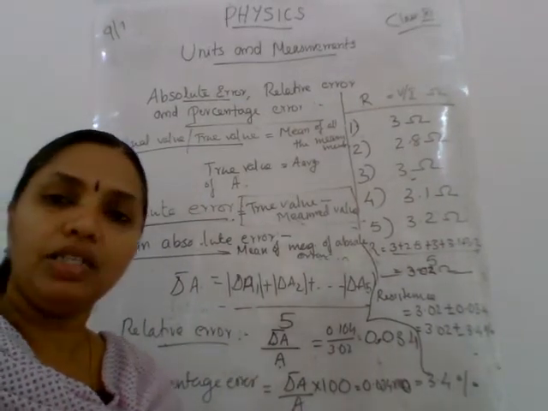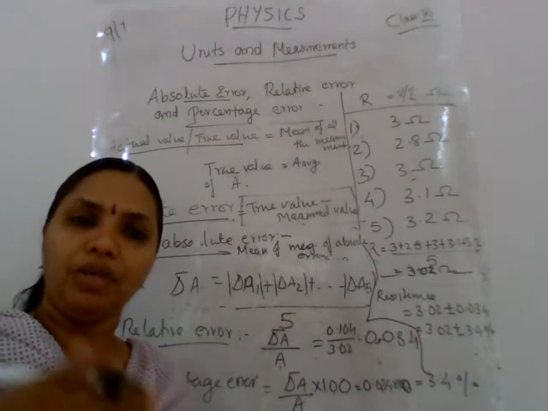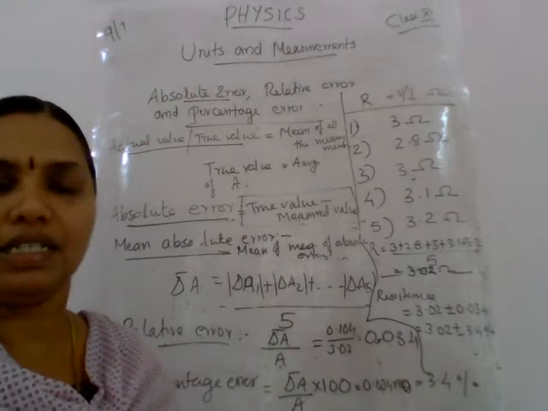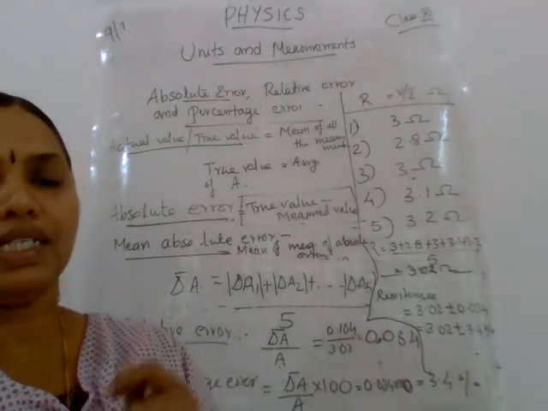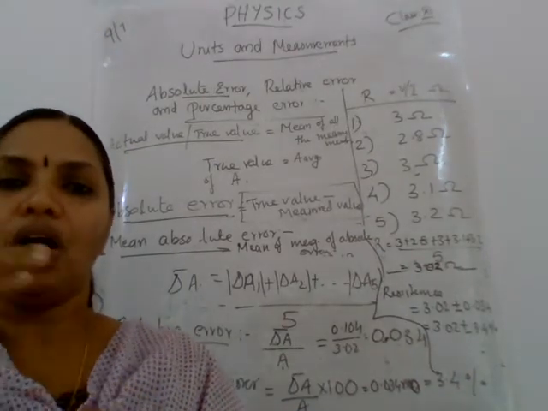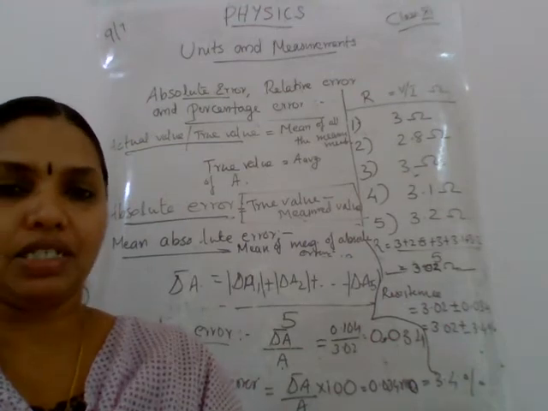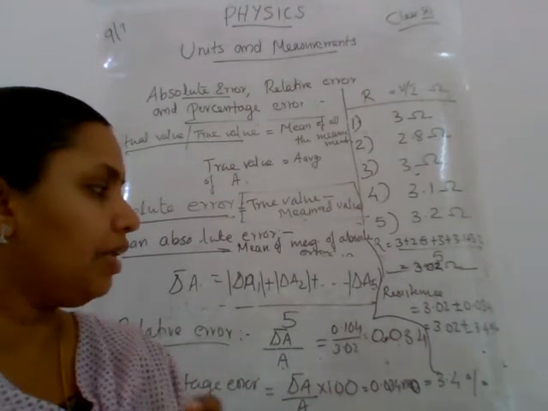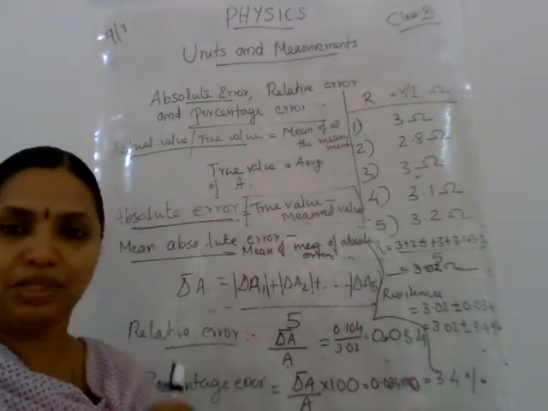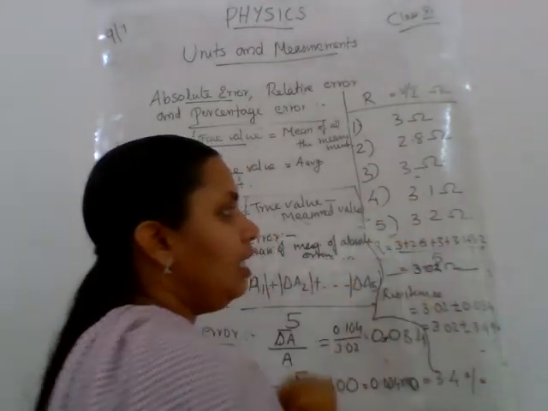In all the measurements, all the experiments, we can find out what error occurs from your practicals, or from your experimental setup, where you are taking the readings, and how much variation from the true value is occurring in each and every observation. So what is our aim? We have to reduce this percentage error. 3.4 is a little bit more, so you should be very careful while taking the reading.